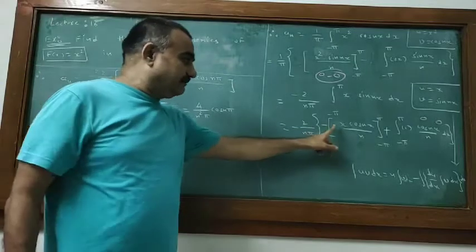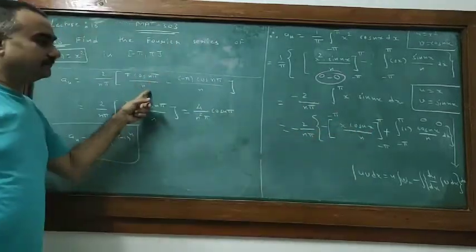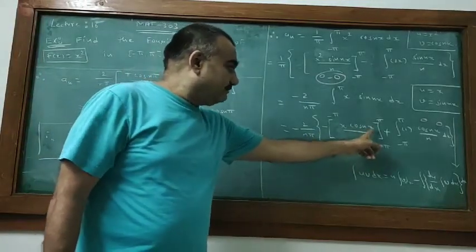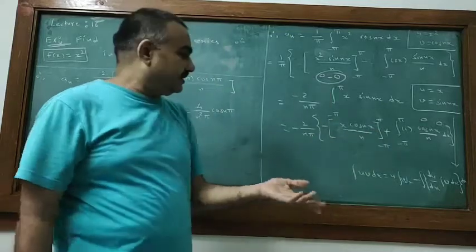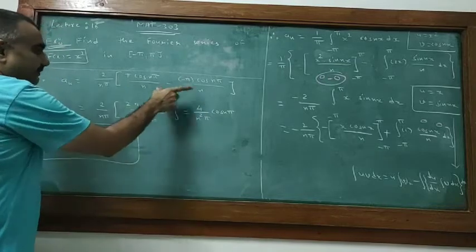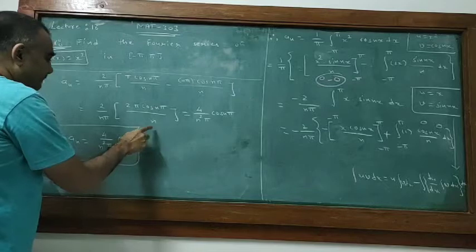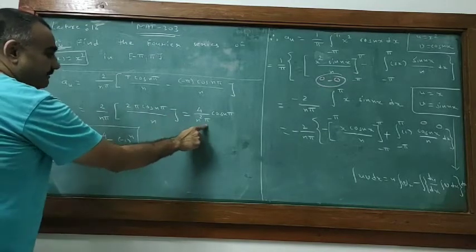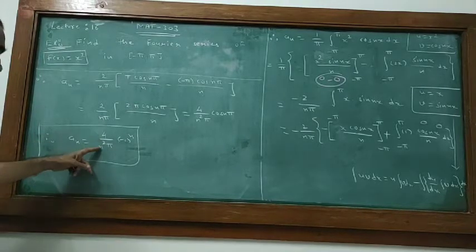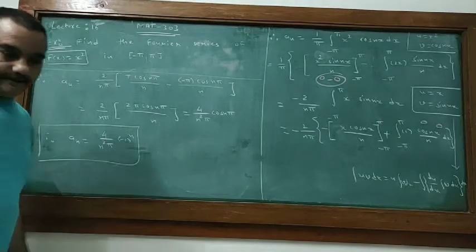Now if we put x equal to pi, means pi cos n pi upon n, then minus pi, minus of minus pi cos n minus pi, but cos minus theta is cos theta, so we have this term, minus minus becomes plus, and therefore this term is double. Therefore it is 2 pi cos n pi upon n, so it is 4 upon n square pi cos n pi. So therefore an equal to 4 upon n square pi times minus 1 raised to n. That you know how it is.